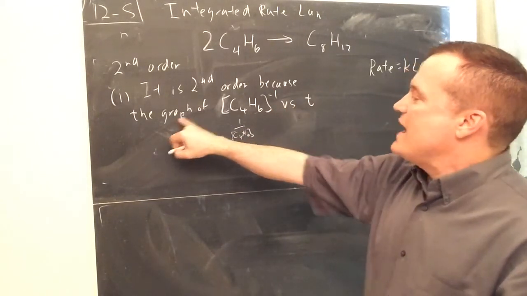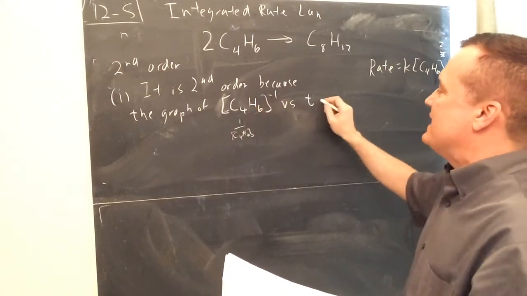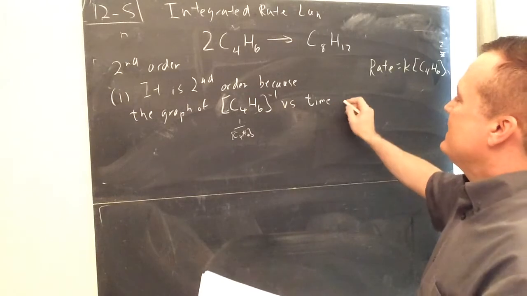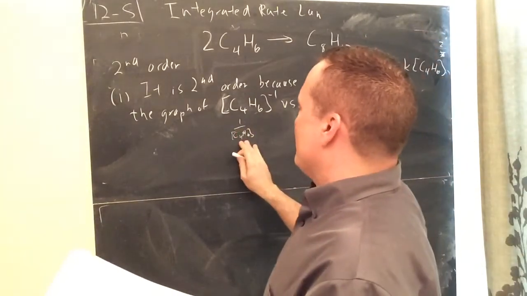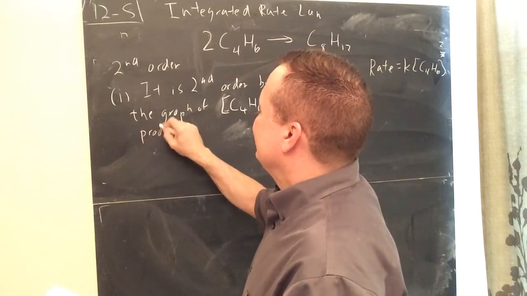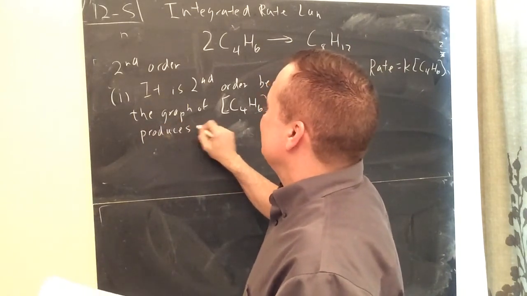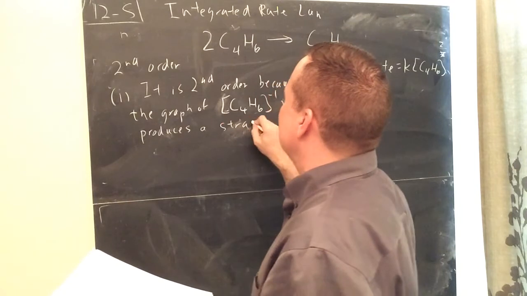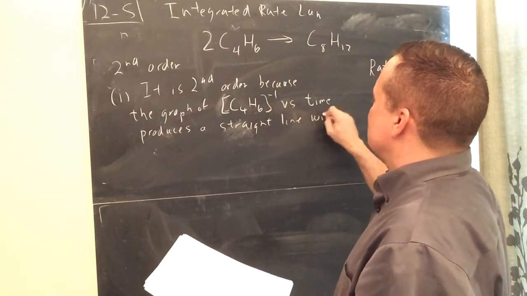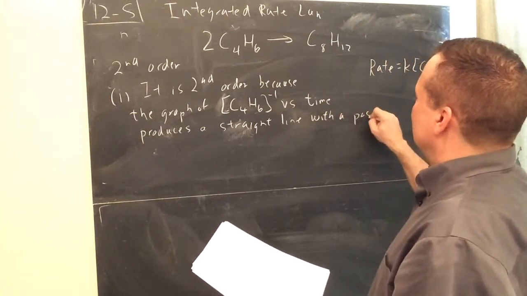Okay, watch. The graph of C4H6 to negative 1 versus time. You might even want to write the word time. You don't have to. T is okay. Produces or gives a straight line with a positive slope.